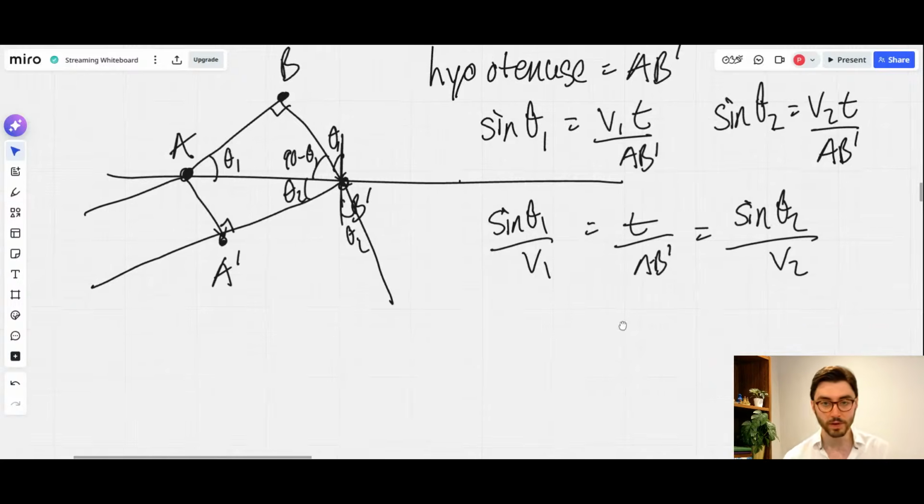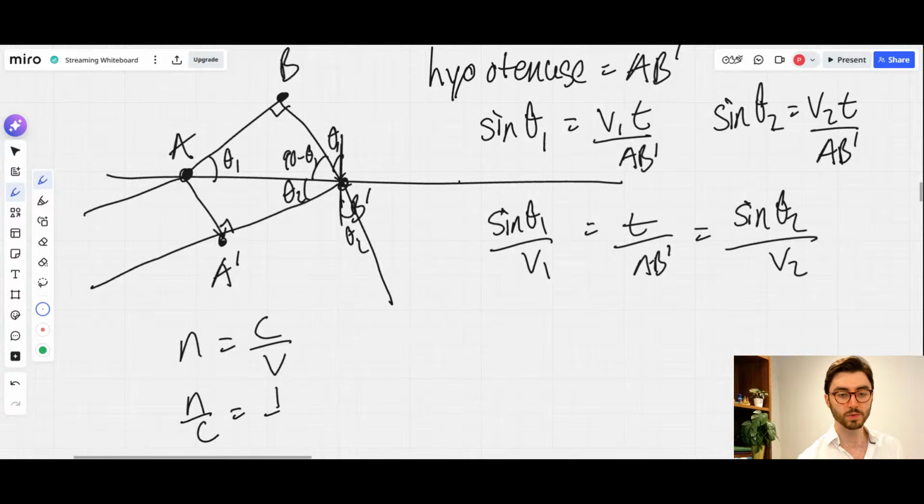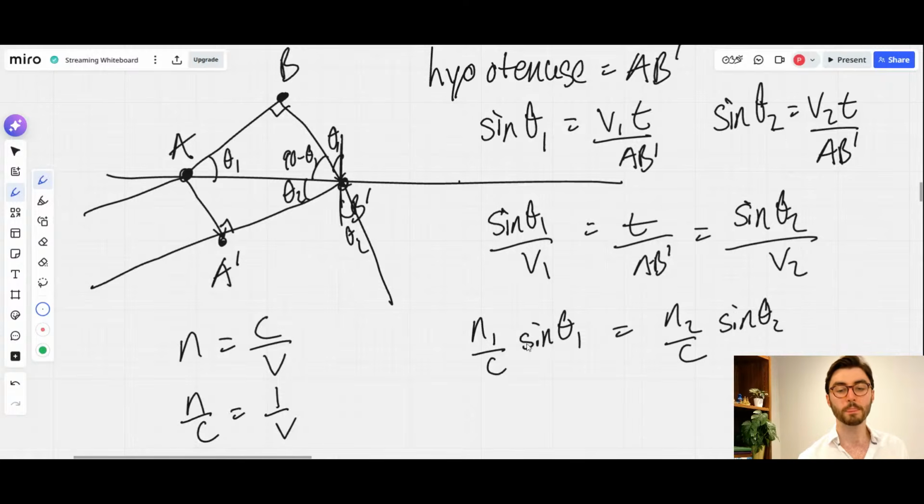And then remembering that the refractive index is the speed of light in a vacuum over the speed of light in a material, it means that n over c is equal to 1 over v. So in other words, this becomes n1 over c sine θ1 equals, from here, 1 over v2 is n2 over c sine θ2, and then the c's cancel.